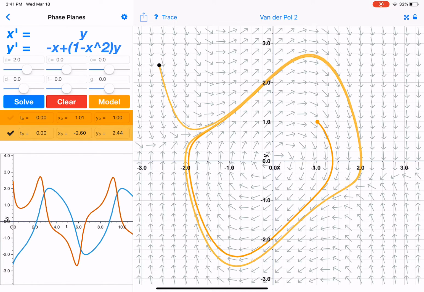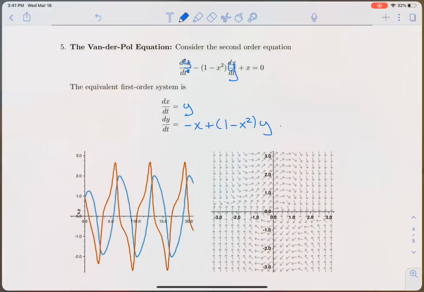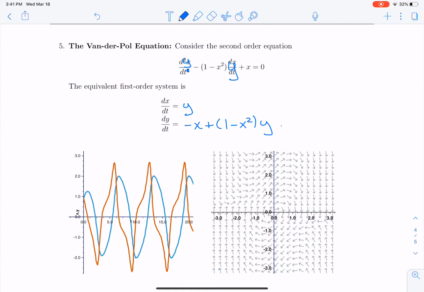So let's see, using the theorem, why we know that this periodic solution exists. In order to apply the Poincaré-Bendixson theorem, I need to find a region of the phase plane where if a solution enters that region, then it will remain within that region for all time.